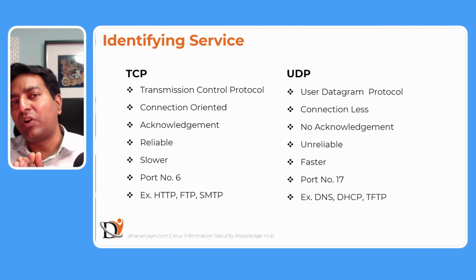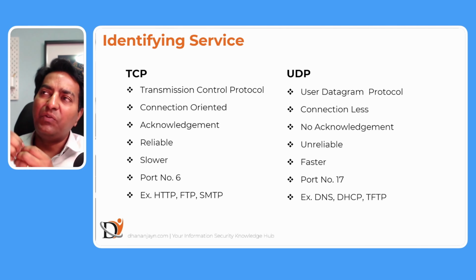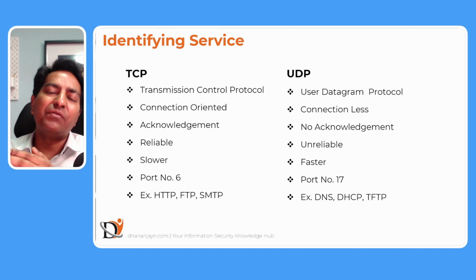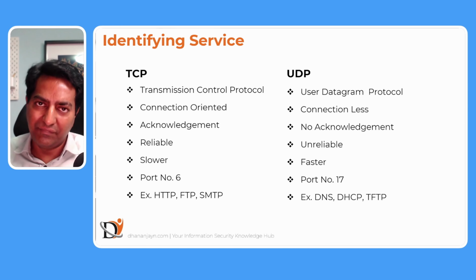When we talk about TCP, when you send a packet, you get a response for that, and that's what makes it connection oriented. When we talk about UDP, it is one-way communication; either the packets are sent or received.